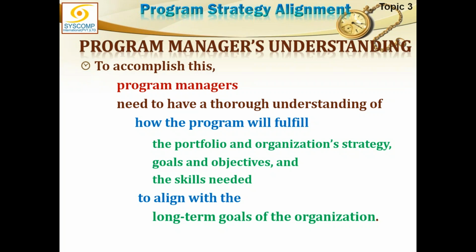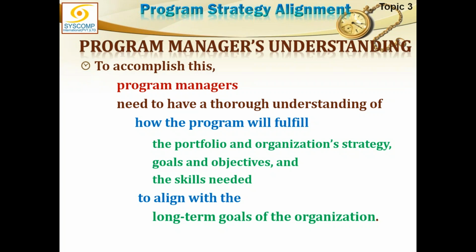The program manager, as we said earlier, needs to be aligned with the organizational strategy, and if a portfolio is in between, then we must also be governed by the portfolio governance. So we have to satisfy the needs of the portfolio, and the needs of the portfolio are investment decision making. If we fulfill the criteria for the portfolio as well as the ultimate organizational strategy, we accomplish the goals and objectives which were given to this program.